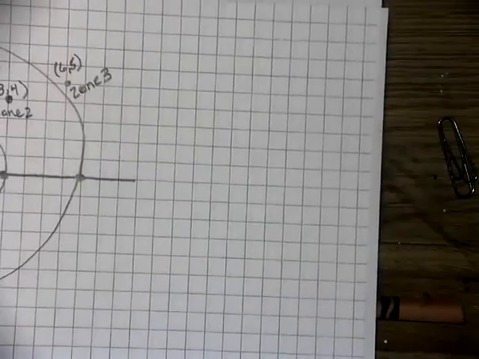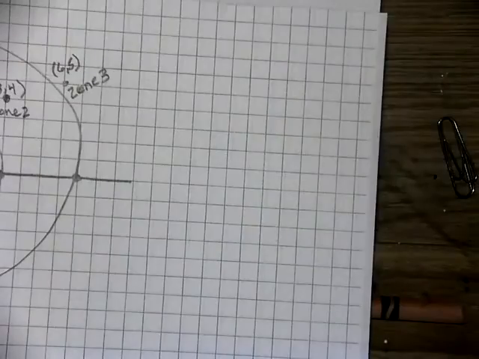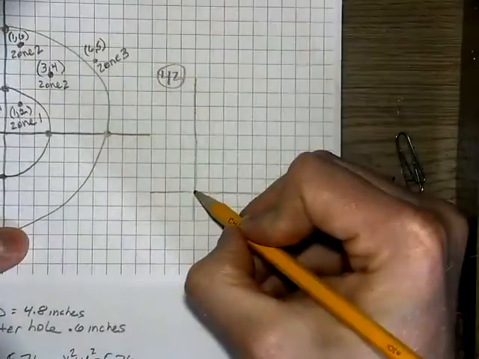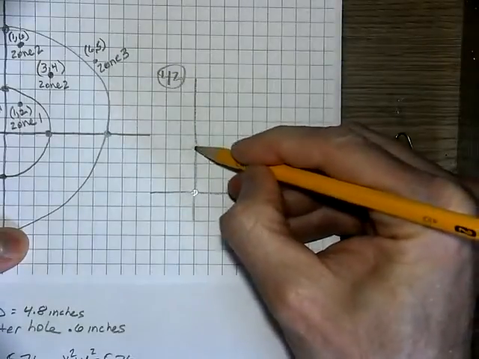Last problem. I'll put it together right here. For number 42, we have these cell phone towers, and they're located throughout the city. The first one is located at 0, 0, and it has a range of 3.